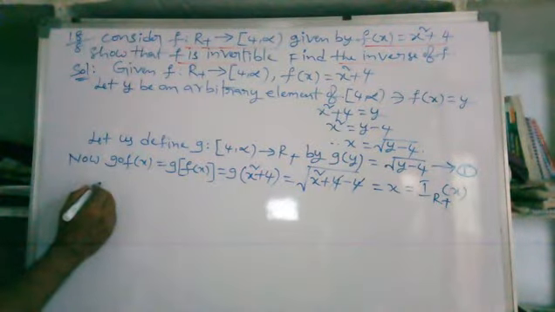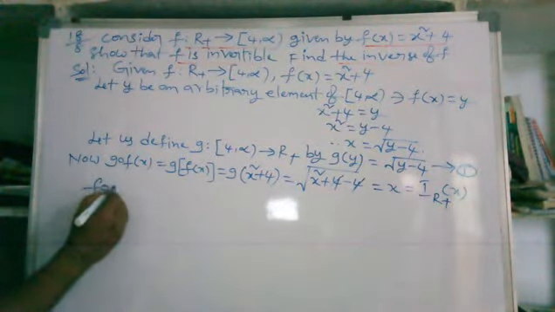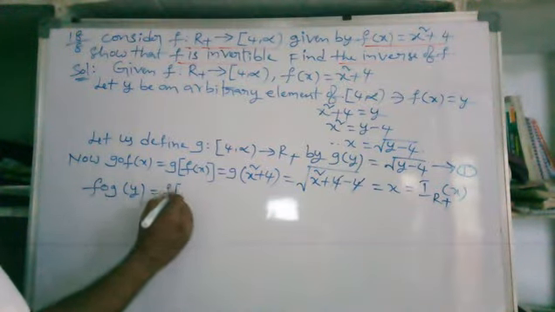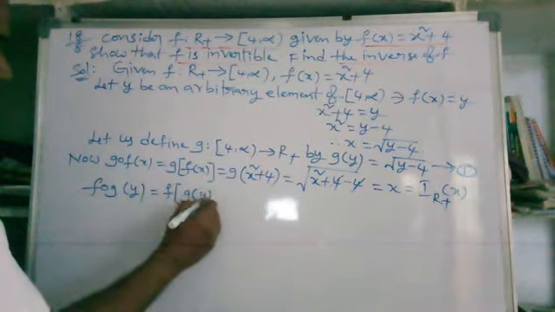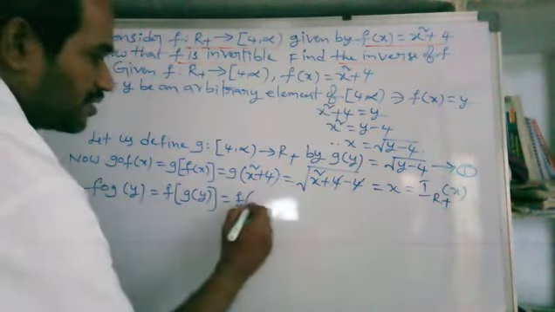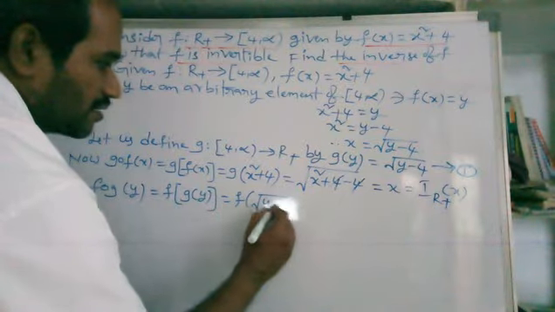Next, f circle g of y is equal to f of g of y. The value of g of y is square root of y minus 4.